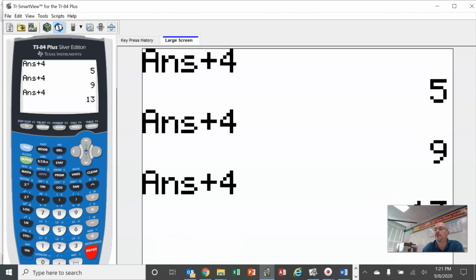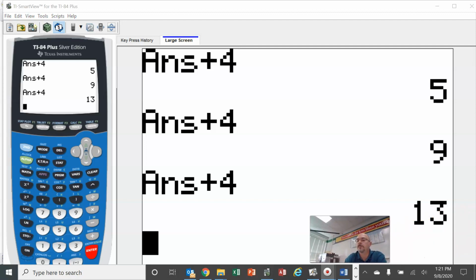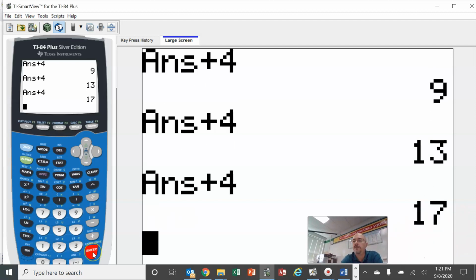Okay, let me move my picture. There we go. The 5th, the 6th, 7th, 8th, 9th, 10th. Voila, ladies and gentlemen. So the calculator understands how to do patterns if you type it in correctly.